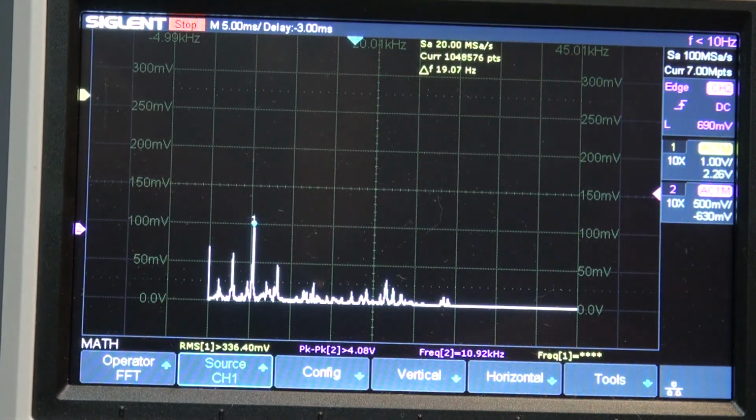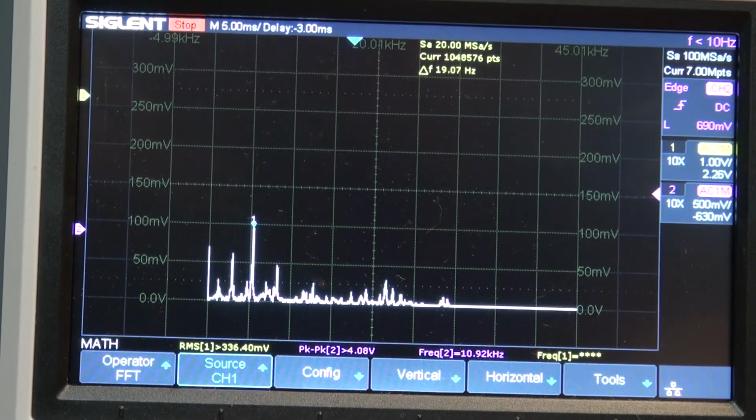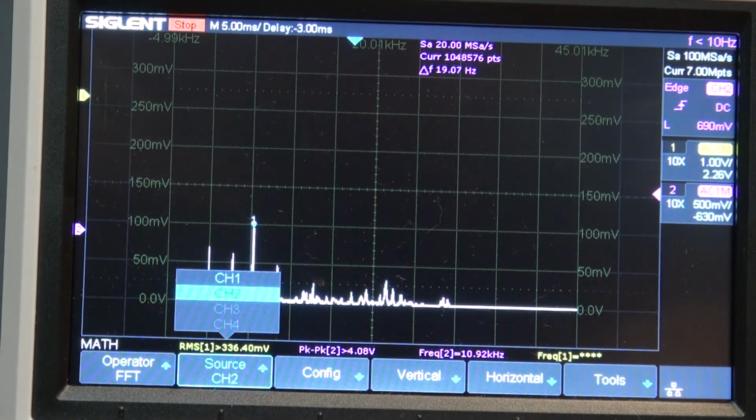Okay, so that is the unmodulated input spectrum to the modulator. And now we can just change the source here and see what the modulated spectrum looks like.